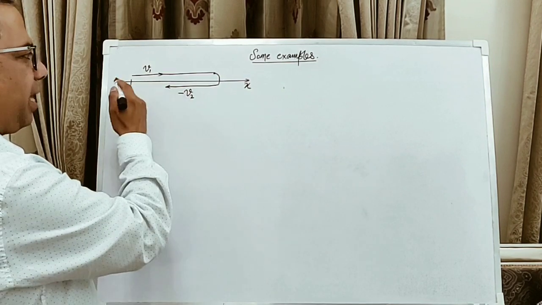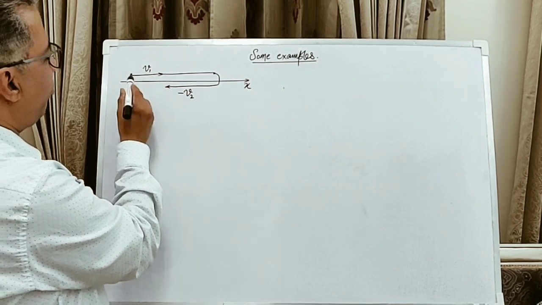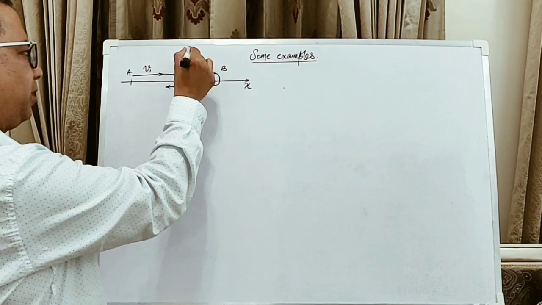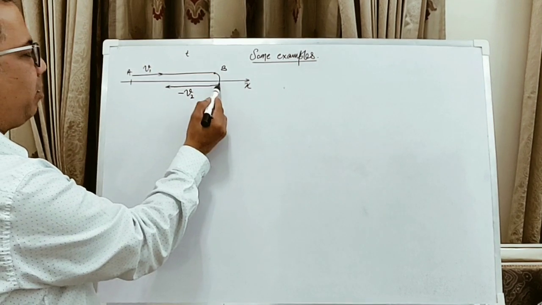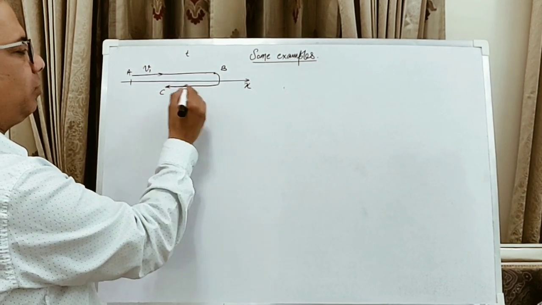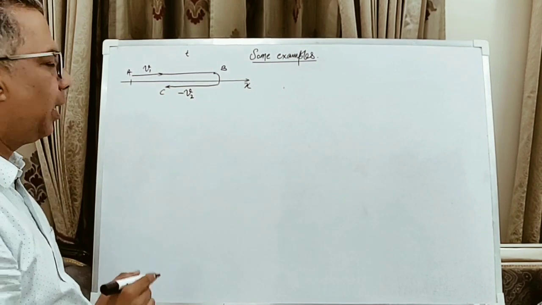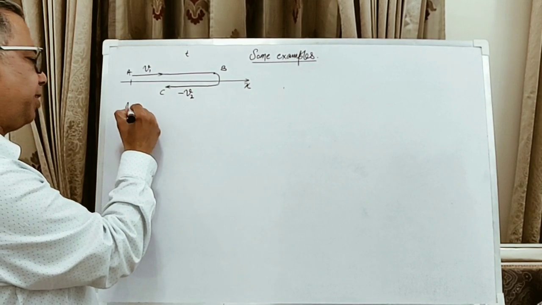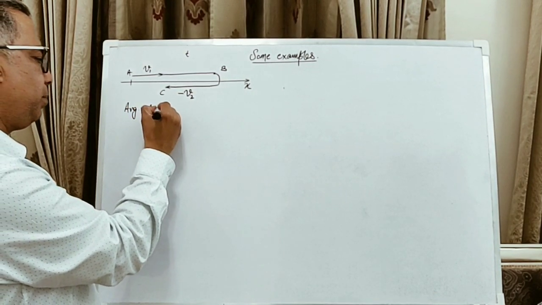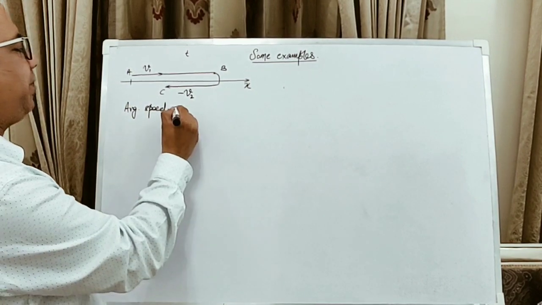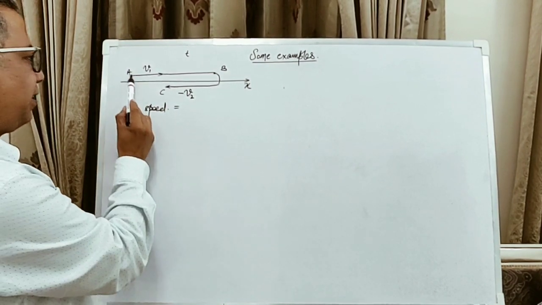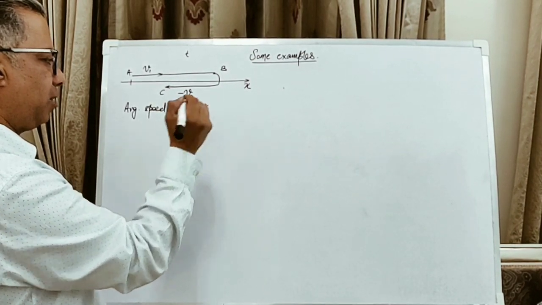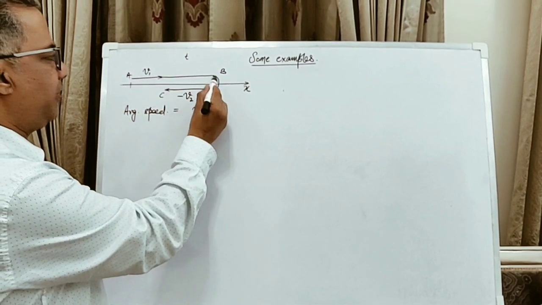Now let's say that half of the time from point A to point B, that half time was t, and so the time from B up to C was also t. Now to start with, we calculate average speed. To calculate average speed, we need to calculate the total distance, and this initial distance was of course speed v1 into time t.